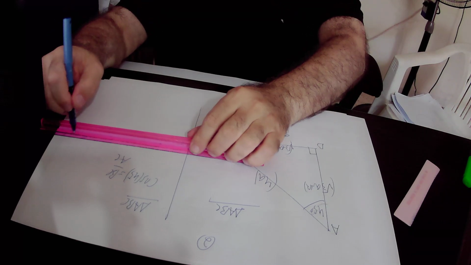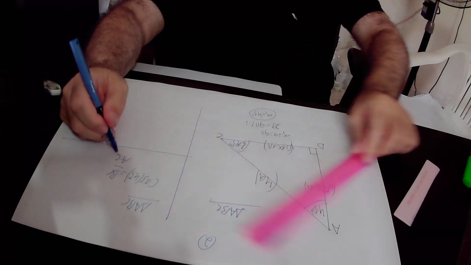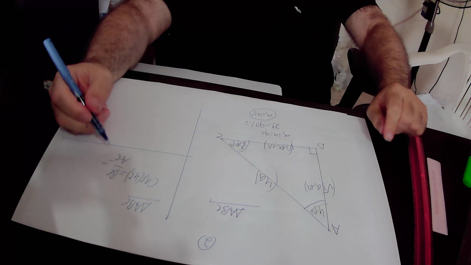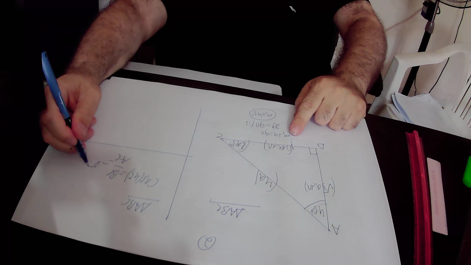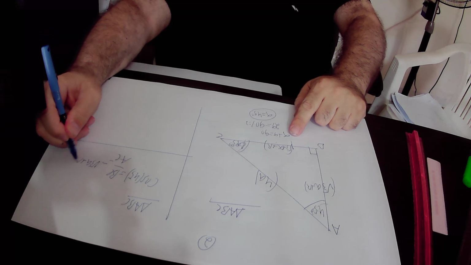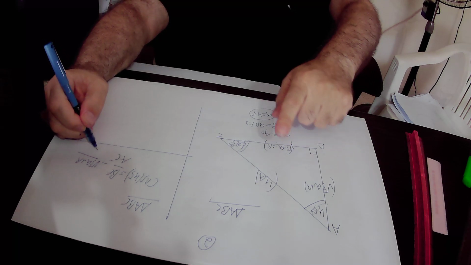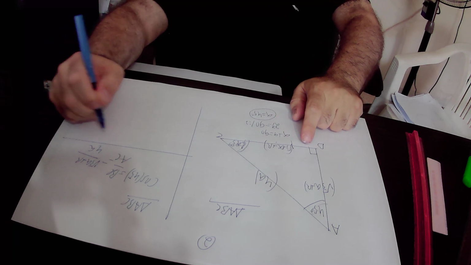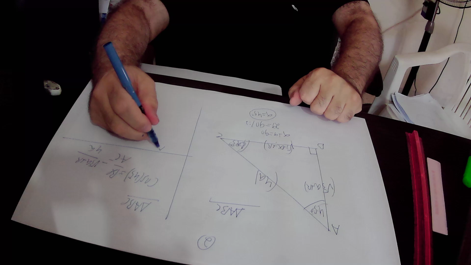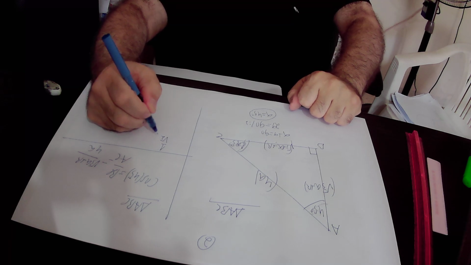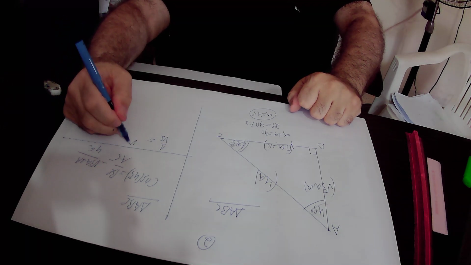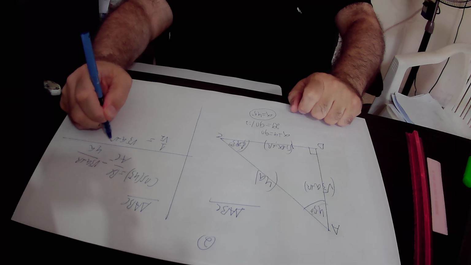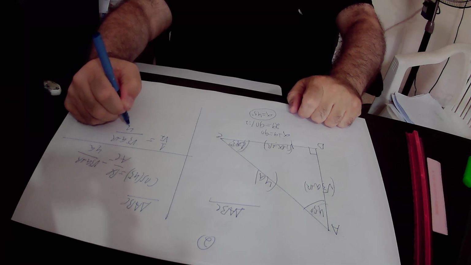So cosine 45 degrees equals BC, which is square root of 3 times A plus R, over AC. AC is 4A. And you know that cosine 45 degrees is 1 over square root of 2. That is equal to square root of 3 times A plus R over 4A.